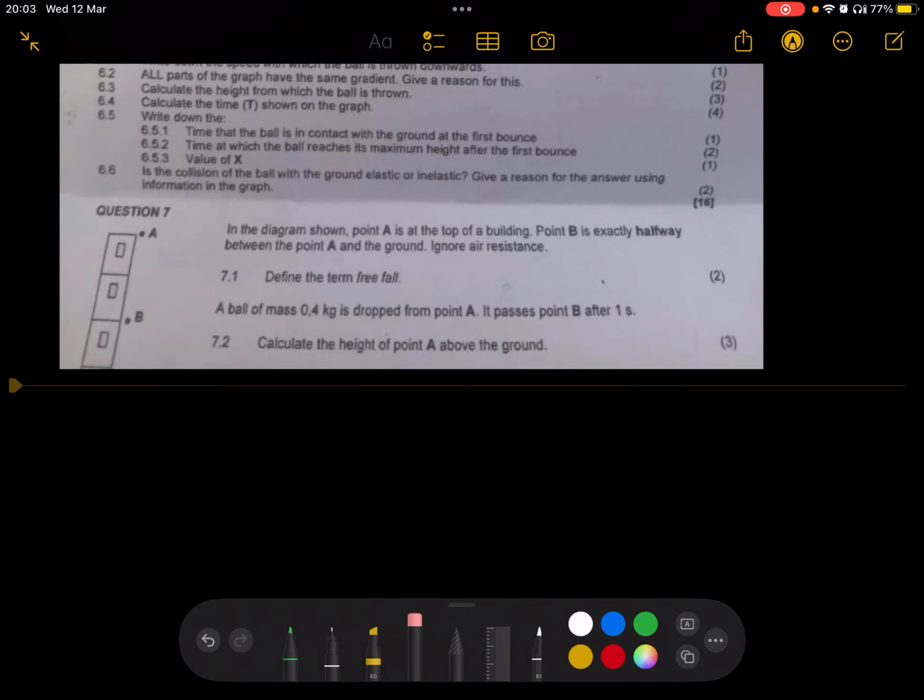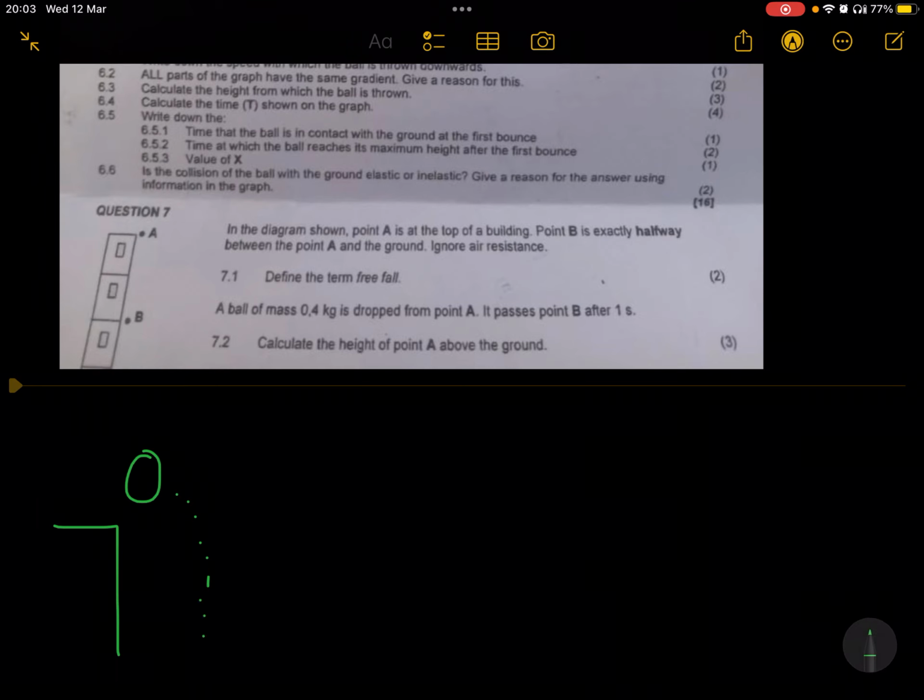So they said a ball is vertically thrown downwards, and the ground is used as reference. As from the graph, vertically thrown downwards, it hits the ground.